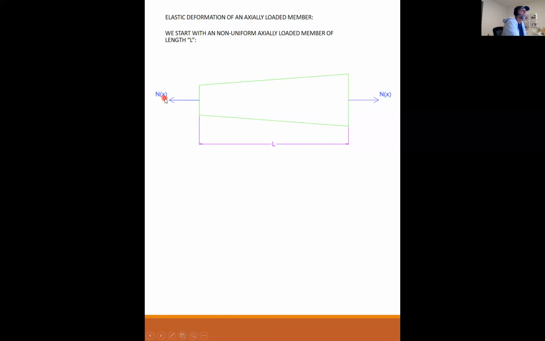But the sub X means that this normal force may or may not be constant down the whole length of the section. It may be dependent upon some distance X from the end of the member. So if we apply a load, N sub X, where N sub X is a normal force that may vary with distance X from the reference point as shown.